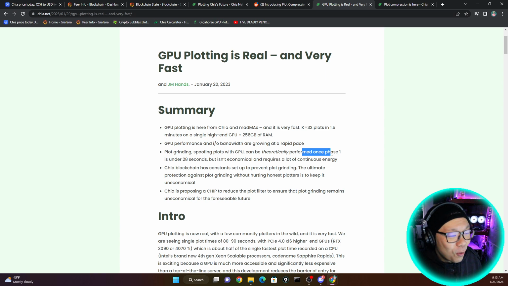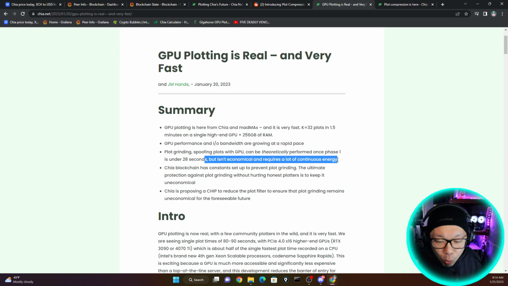Performing phase one in under 28 seconds. I'm not sure technically why 28 seconds specifically, but I'm sure they have their reasons. But let's keep on going. But it isn't economical and requires a lot of continuous energy. All right, I want to explain something here. The debate is that everything is going to be less consumption in regards to comparing it to Bitcoin.